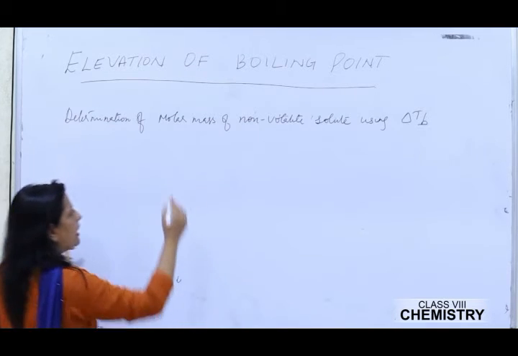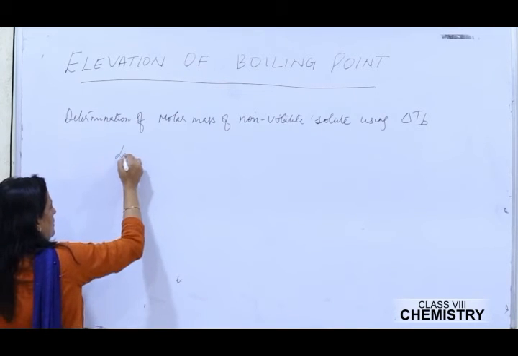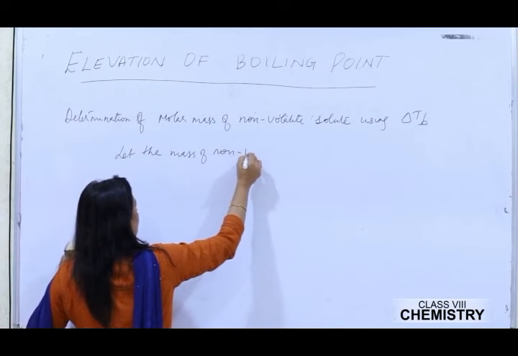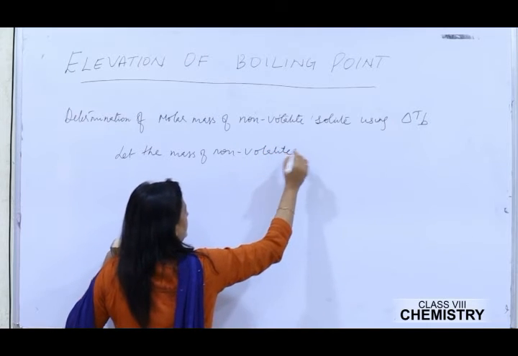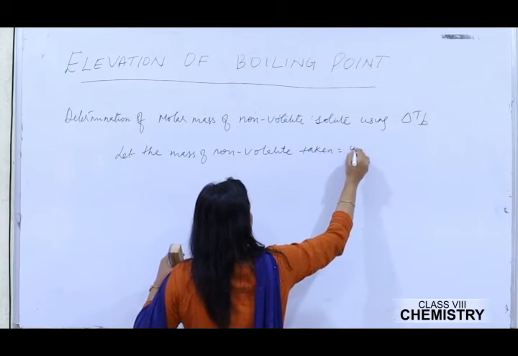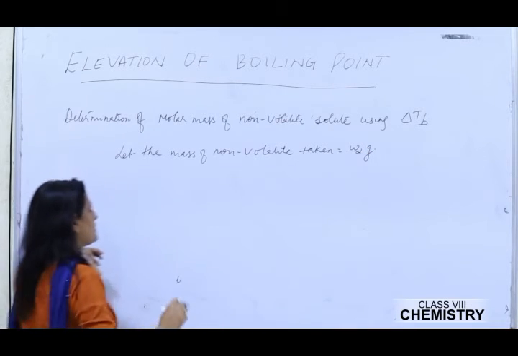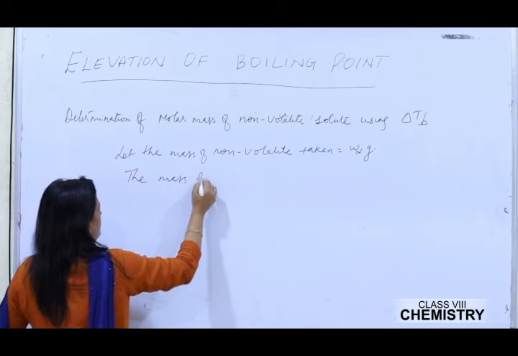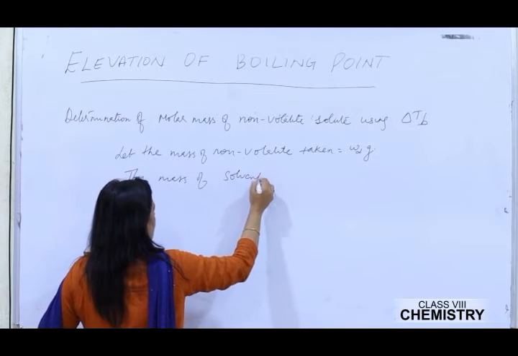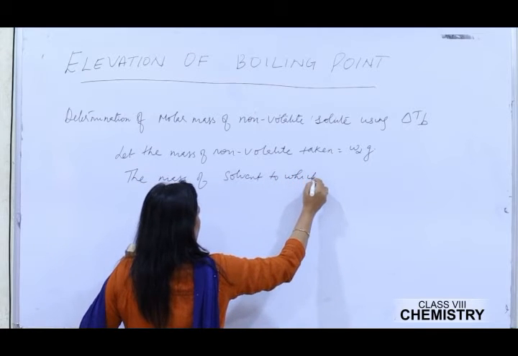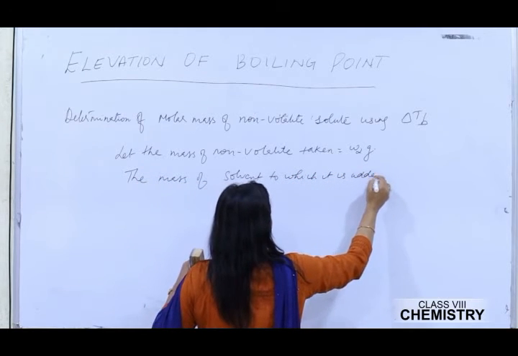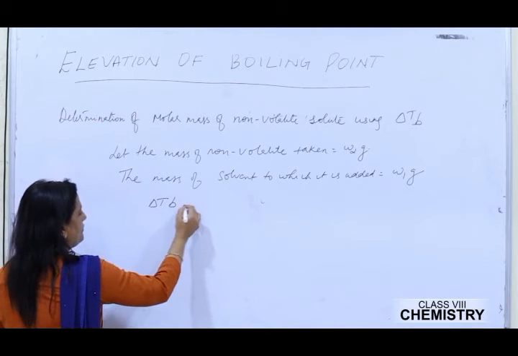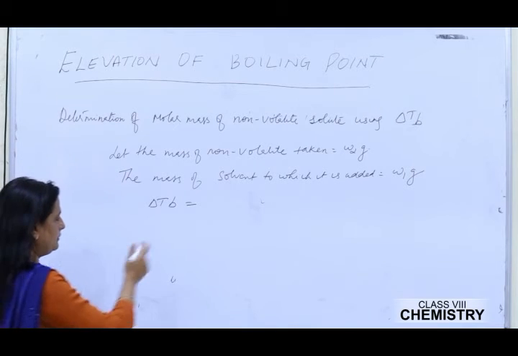We are taking a known mass of non-volatile solute. Let the mass of non-volatile solute taken be W2 gram. It is dissolved in a known mass of solvent. So the mass of solvent to which it is added is W1 gram. Next we are finding out its elevation in boiling point experimentally.